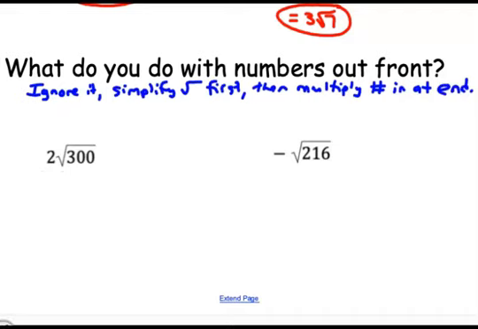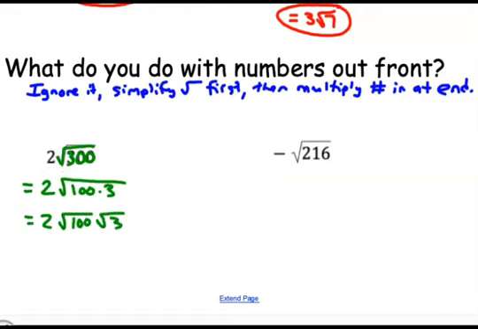We're just going to worry about the square root of 300 first. Okay, we're just going to bring this 2 along for the ride. So we're going to write this as 2 times the square root. We can break 300 into 100 times 3. Then we can break that into square root of 100 times square root of 3.